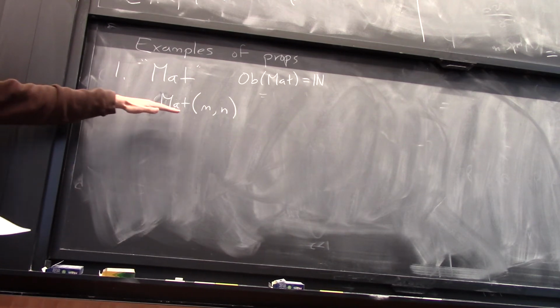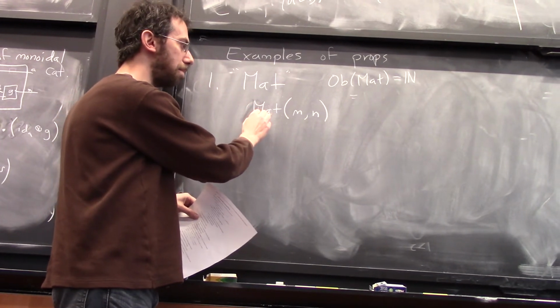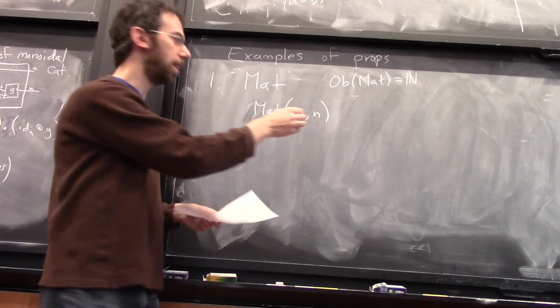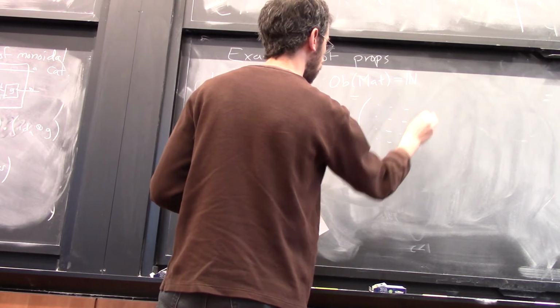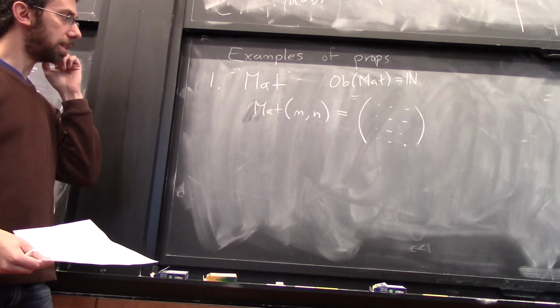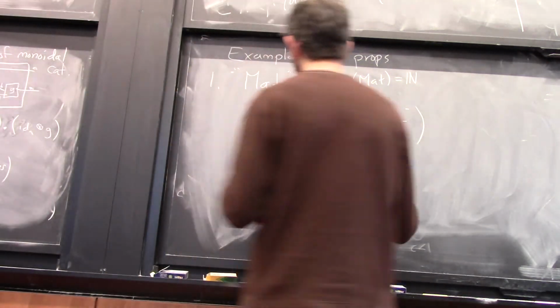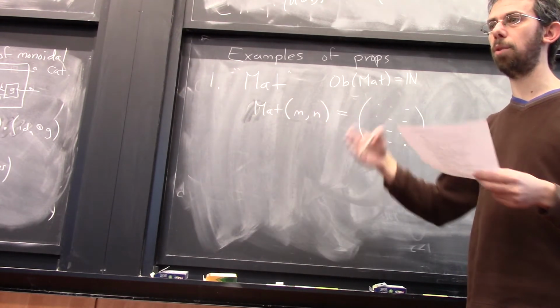The notation, if you have seen this notation before, is that this would say m by n matrices. So it's a set of all. But how do the matrices act on the natural numbers? How do they act? So all we need to know is, we need a hom set, we need a set for every m, n, the set of morphisms.